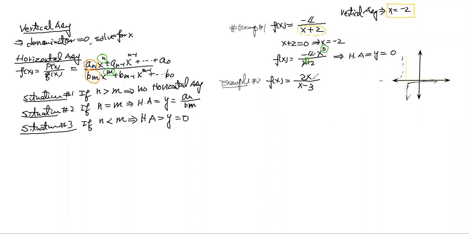Let's review the vertical asymptote. The vertical asymptote is where the denominator equals 0. So x minus 3 equals 0, so x equals 3. This is my vertical asymptote.